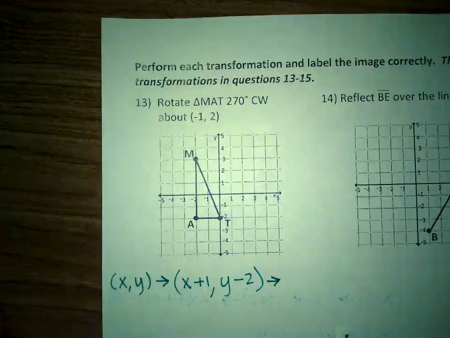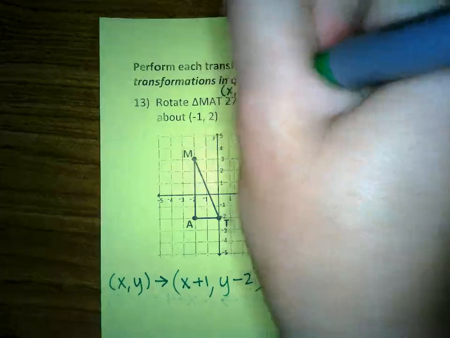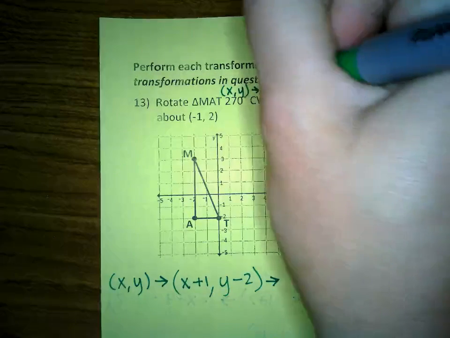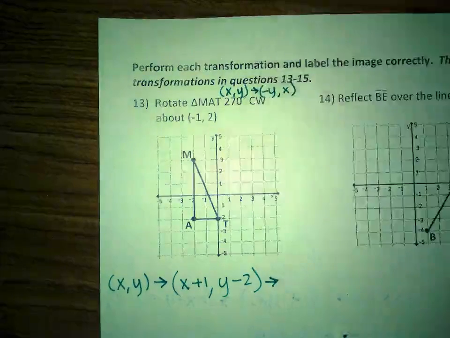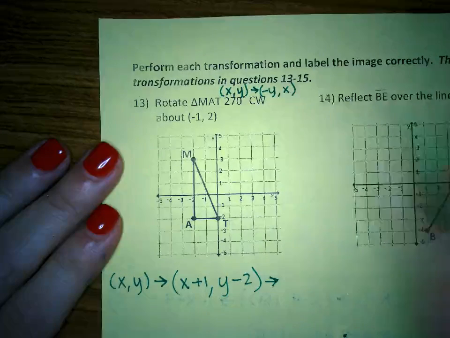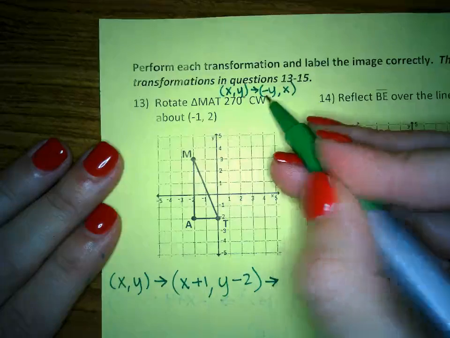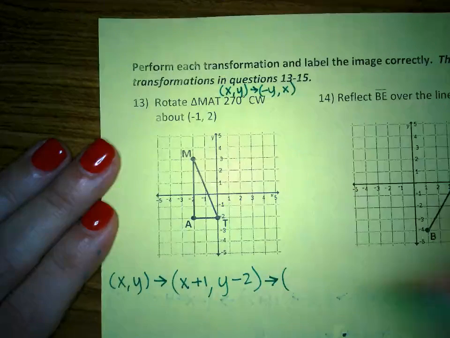Rotating 270 clockwise would be x comma y goes to negative y comma x, right? That's the same thing as 90 degrees counterclockwise. So when you multiply this coordinate by a negative, you need to make sure that you distribute that minus sign.